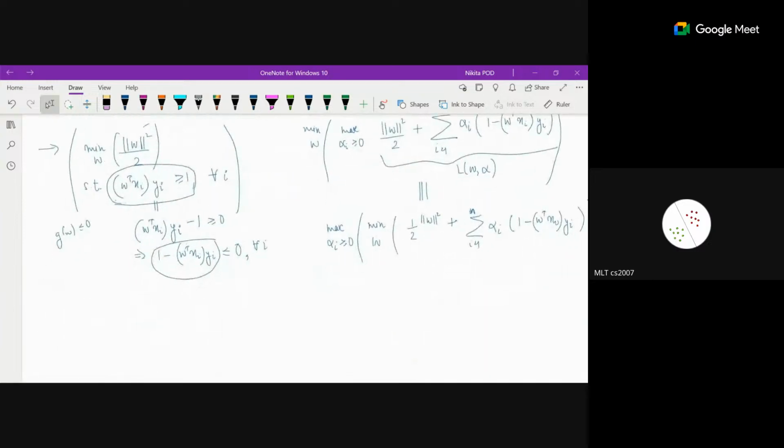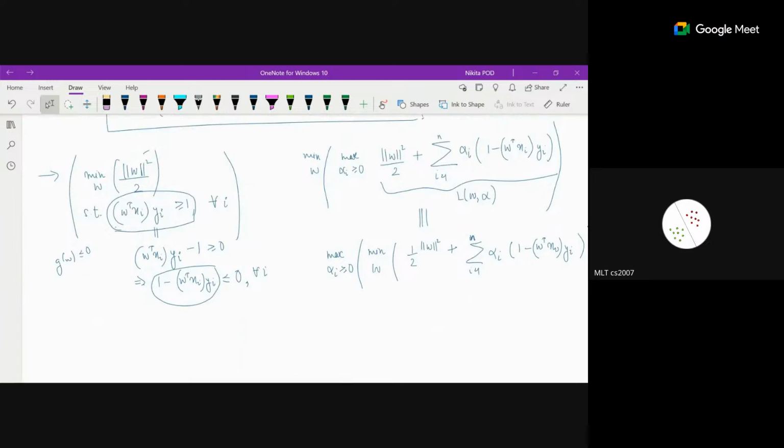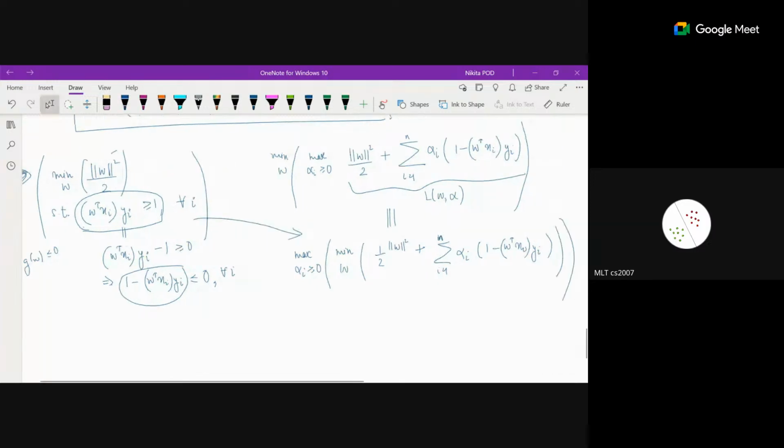So what we saw so far is, we started with this problem that we have to solve, and the dual of that we are able to find as this problem. This is what we have done so far.